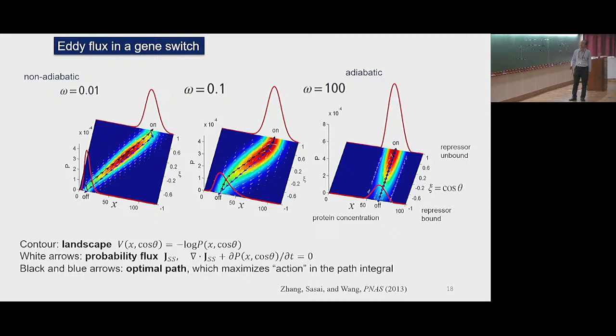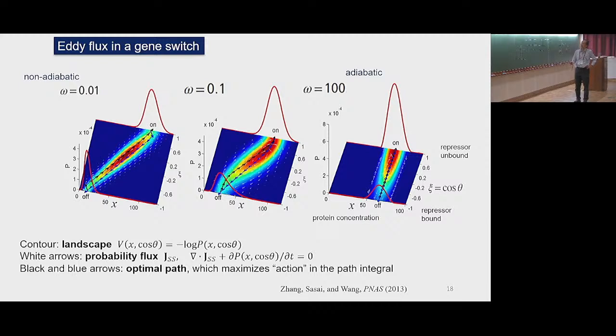And this is a plot for the case of the self-repressing one-gene toy system. We are considering the same system in a consistent way. This is the adiabatic case with omega equal 100, and this is a non-adiabatic case, omega equal 0.01, and this is an intermediate case.